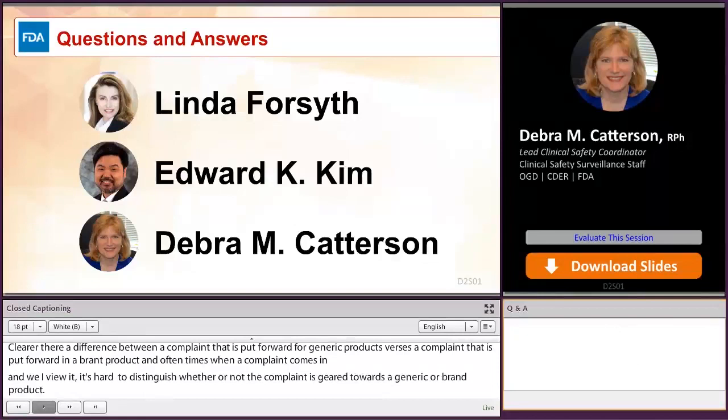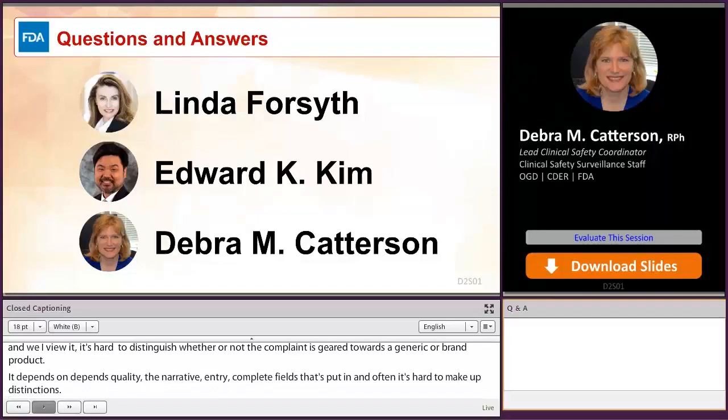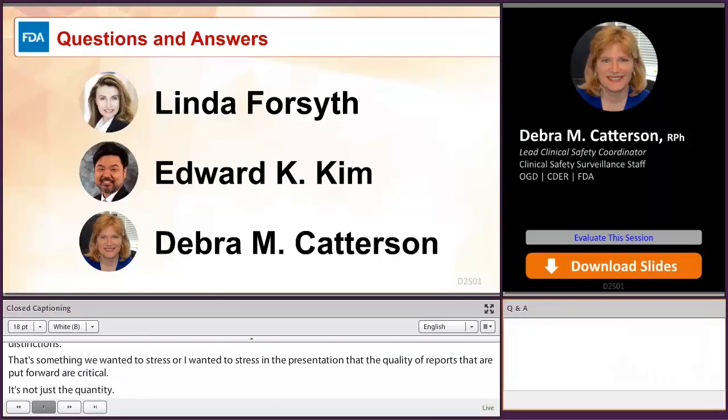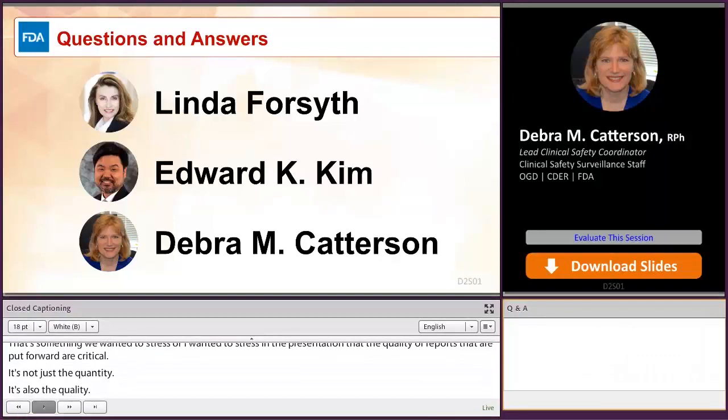So that's something that I wanted to stress in the presentation: the quality of the reports that are put forward is critical. It's not just the quantity of the reports, it's also the quality. So with increased quality, that would be most beneficial for the whole big picture of looking at MedWatch forms. Thanks for your question.